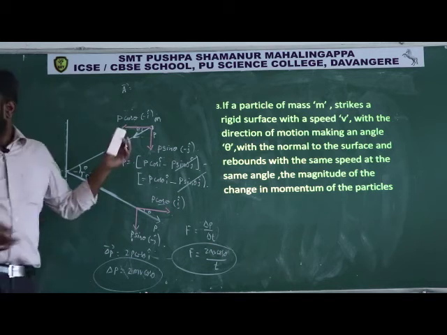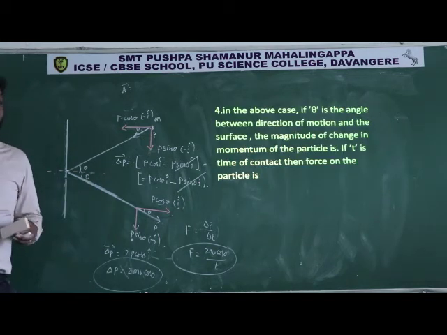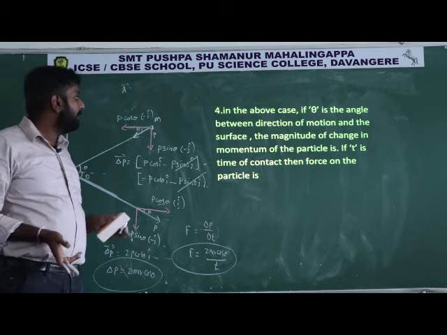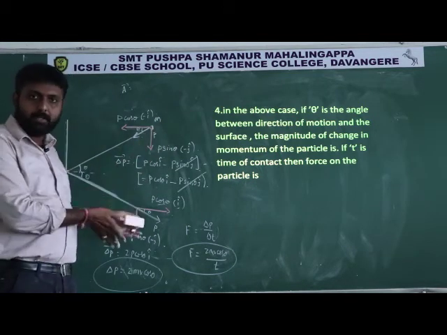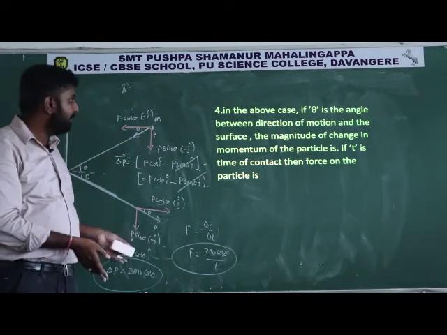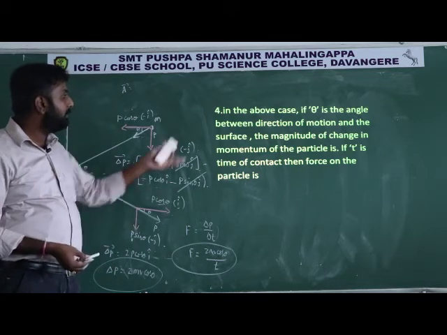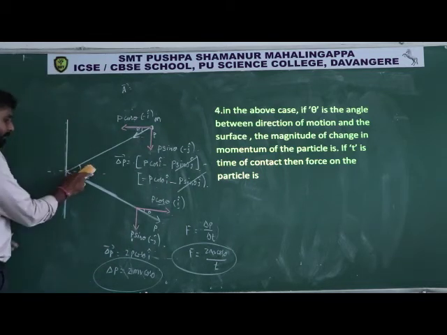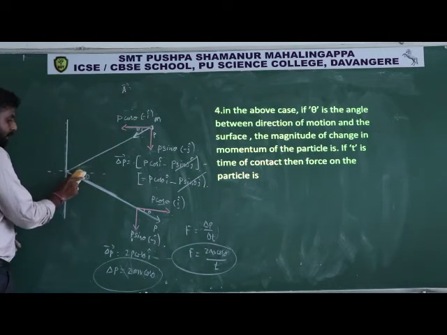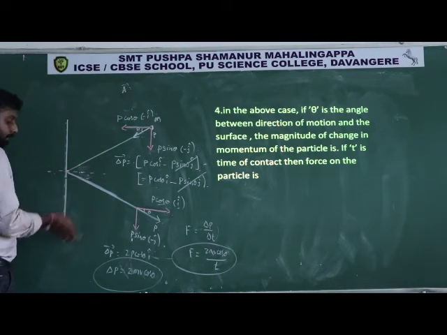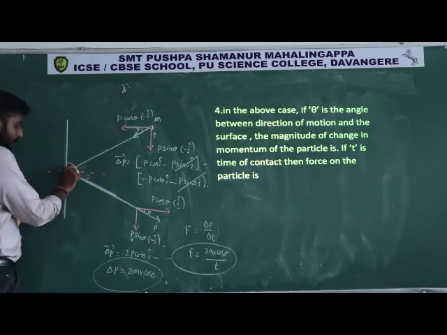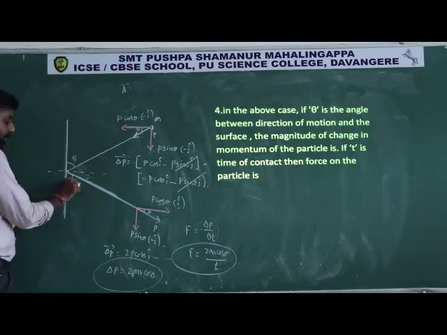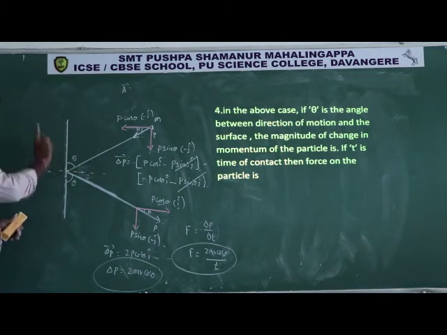Then in the next application, in the previous application we discussed, if we change the theta angle, instead of taking it with the normal, now I will consider that angle with the surface.